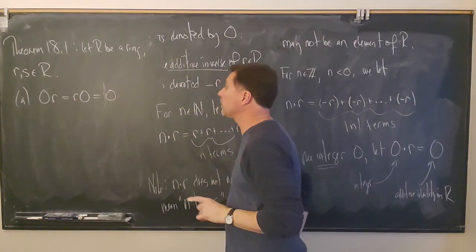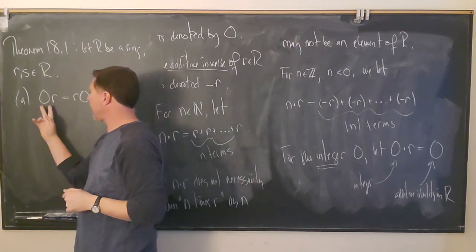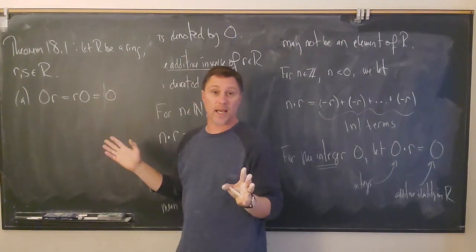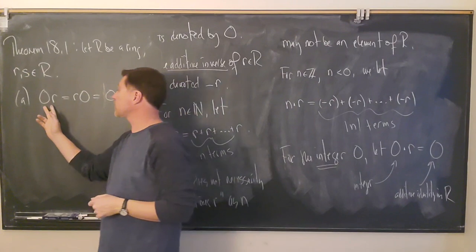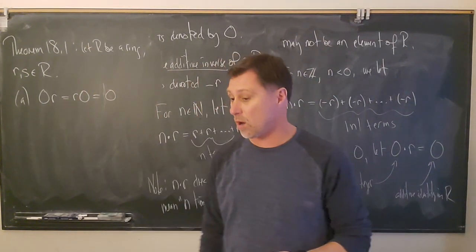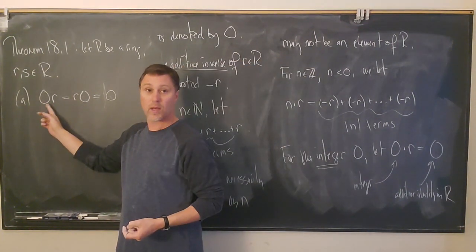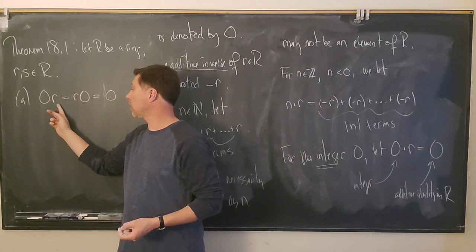This takes a little bit of interpretation, and we need to understand it from context. When I write 0 times r, what do I mean? I don't mean the number 0 times r. I mean the additive identity in R times the element little r.